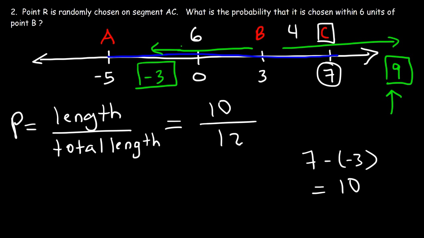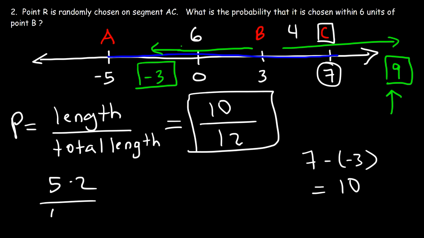So the probability of choosing some random point R within 6 units of point B, but on segment AC, is going to be 10 out of 12, which you can reduce. 10 is 5 times 2, 12 is 6 times 2. So it's 5 out of 6. That's the probability.